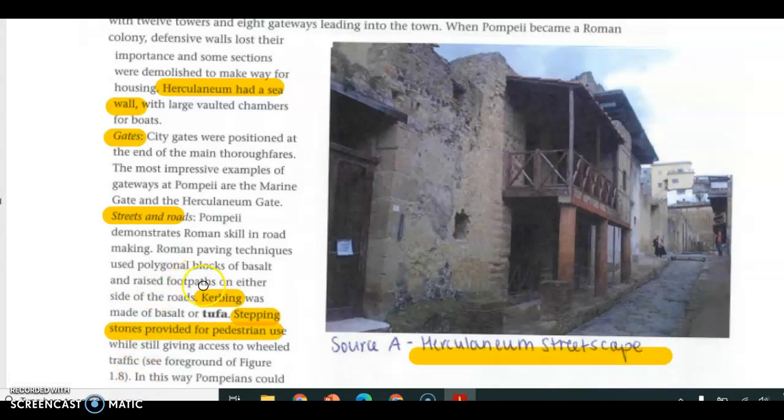Remember in Pompeii, in the earlier stages of the eruption, when the ash and everything was falling on the city, this upper story probably would have been damaged and collapsed. But because Herculaneum missed all of that and they just got the surges, it preserved all of this timber perfectly and it wasn't destroyed in the earlier phases.